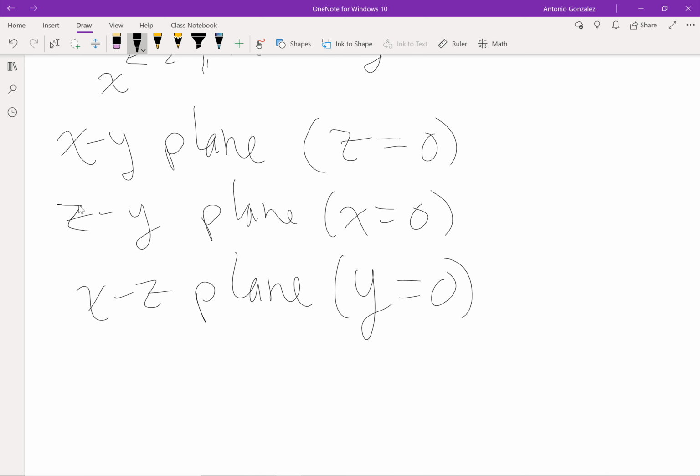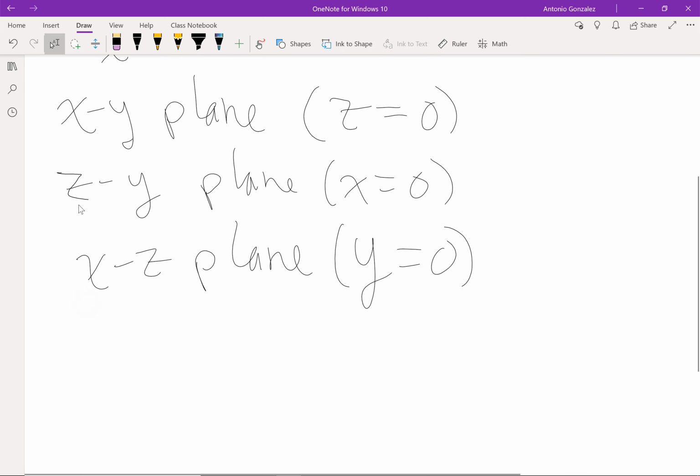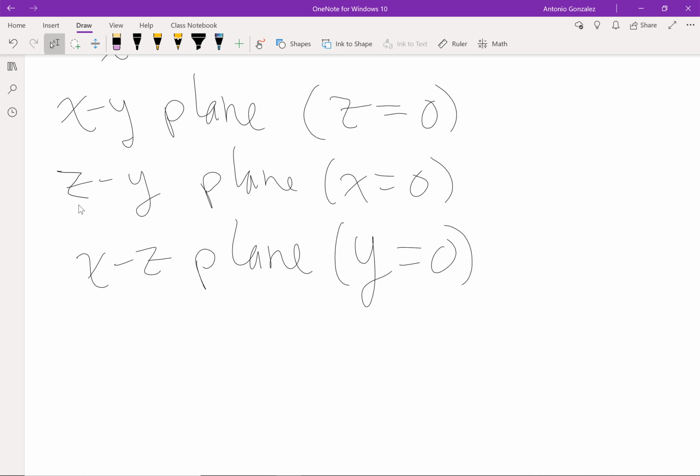Now, when we go from R2 to R3, we're going up in dimension. In R2, if I have an equation like x equals 0 or x equals 1, what does that correspond to?